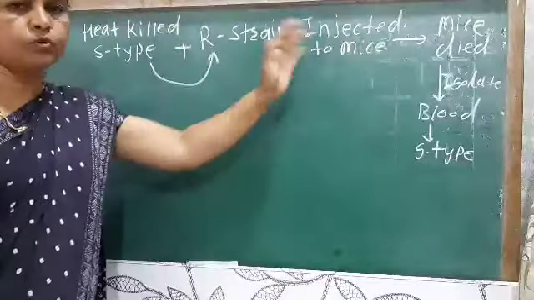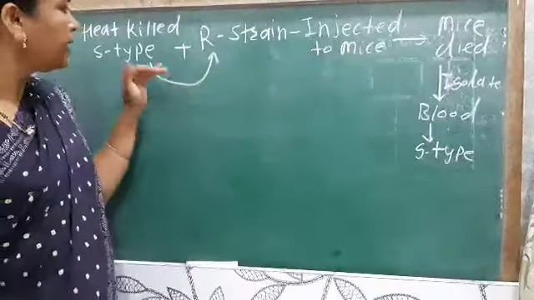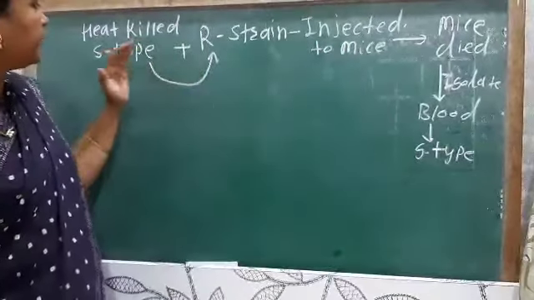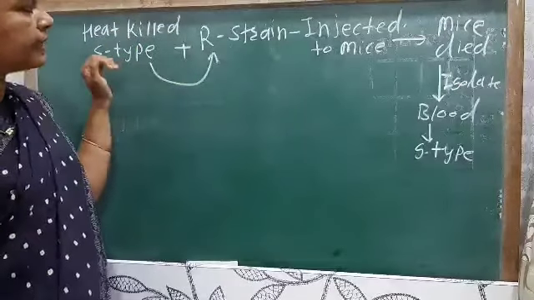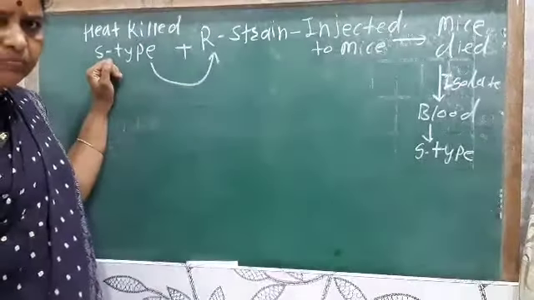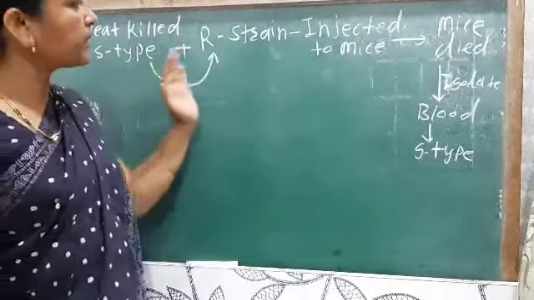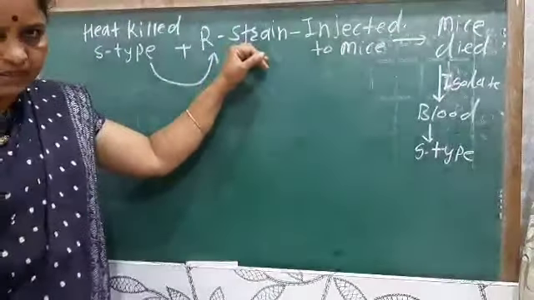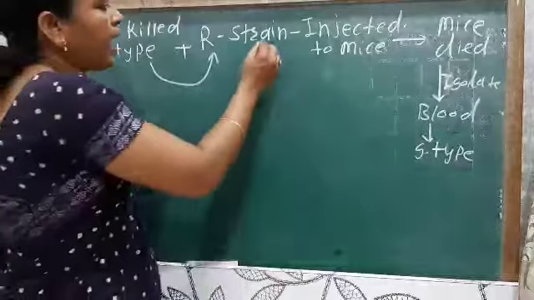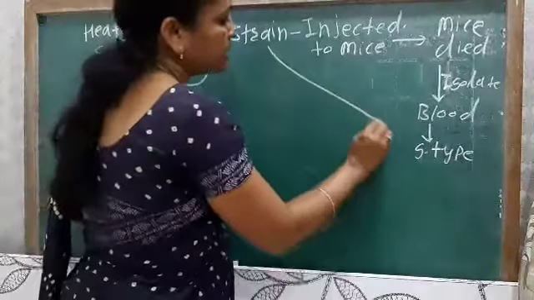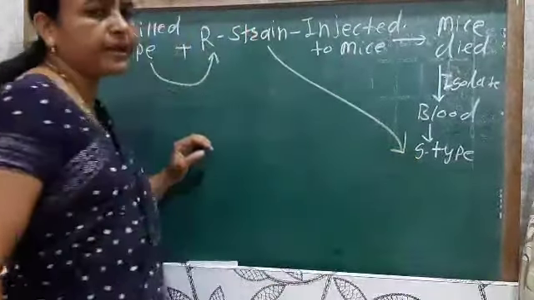That is the fourth experiment. So here in this fourth step, from the heat-killed S strain some substance is transferred into the R strain, due to which the R strain bacteria get transformed into the S type.